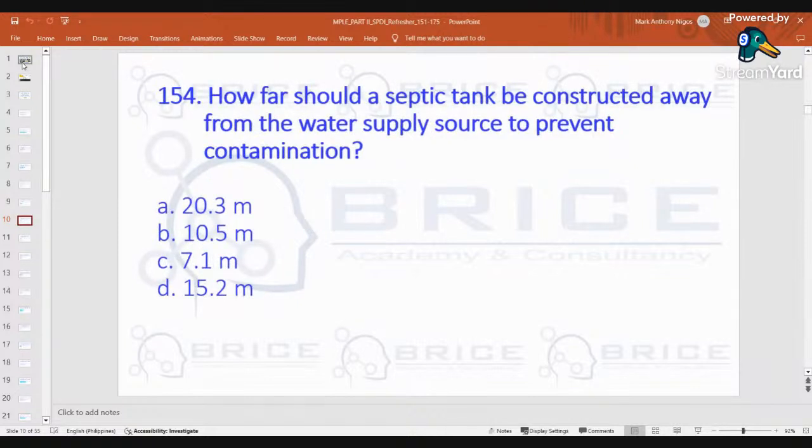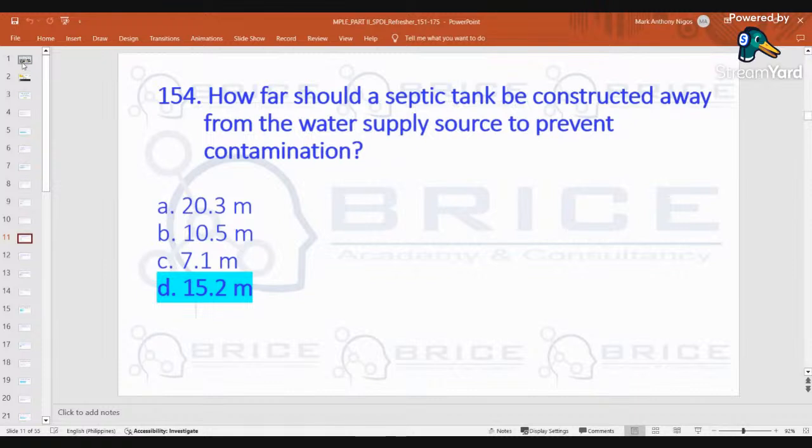154. How far should a septic tank be constructed away from the water supply source to prevent contamination? A. 20.3 meters. B. 10.5 meters. C. 7.1 meters. And D. 15.2 meters. The answer is D, 15.2 meters.